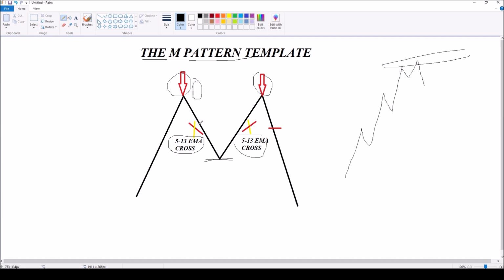Therefore, creation of the first leg and creation of the second leg will require us to see these two EMA crossovers. After these two EMA crossovers are issued, we know that we now have a valid pattern, or a higher probability pattern. So to fully understand, let's jump over to the charts so that we understand how this is done.